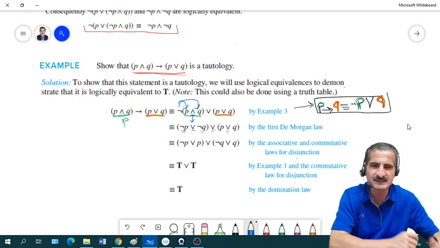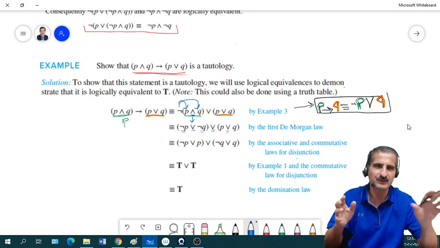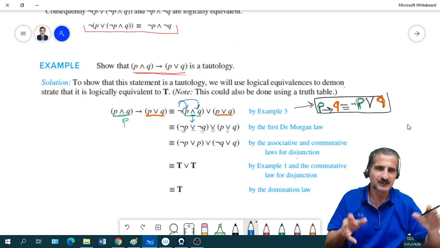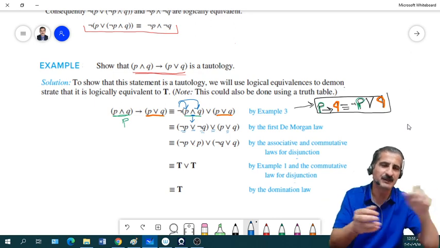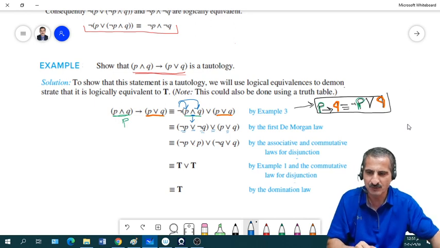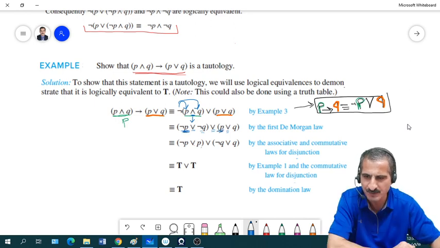Now it does not matter which order you put them. If you have all the logical operators to be or, then you can play with the positions of the propositional variables. So if we play with them, we would like to make this P and this P come together, P or not P, and this not Q and Q come together.